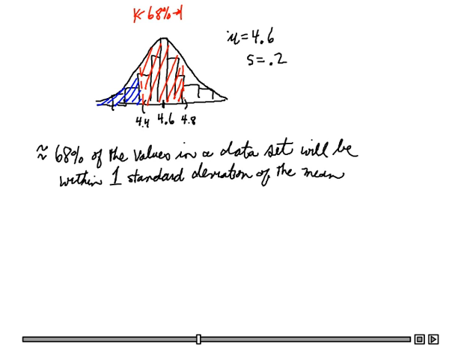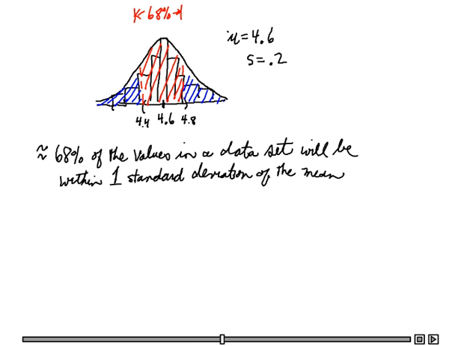And if you think about it, this is a symmetric distribution, a mound-shaped distribution. We've got 68% in the middle. So outside of 68% would be 32%. In other words, all of the kisses in the bag would be 100% of them. 68% in the middle, 32% outside of that.